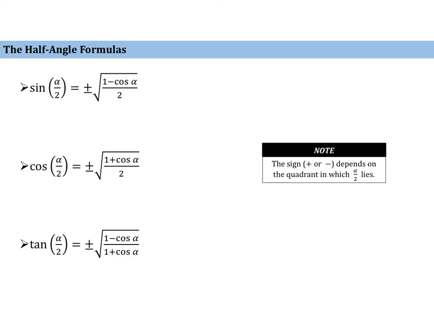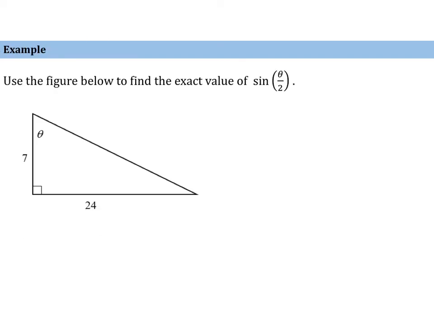Now, I don't memorize these. I usually derive them directly from the power-reducing formulas that I do have memorized. But that's up to you. So in this example, we have a triangle that relates to theta, but we are asked to find the sine of theta over 2. So let's go ahead and first find the missing side, which is the hypotenuse.